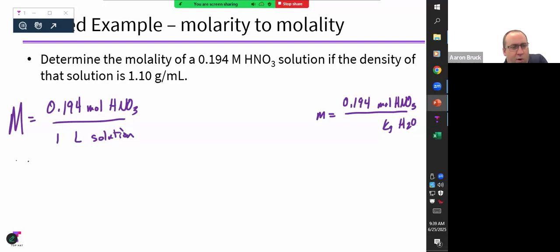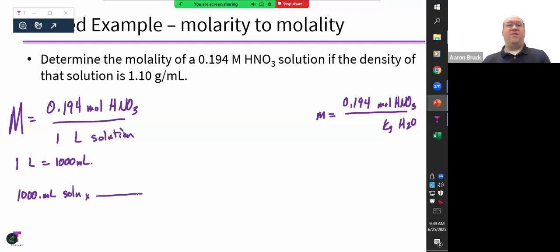So 1 liter is equal to 1,000 milliliters. That's an exact conversion. If I have 1,000 milliliters of solution, the density says that for every 1 milliliter of solution, I would get 1.10 grams.